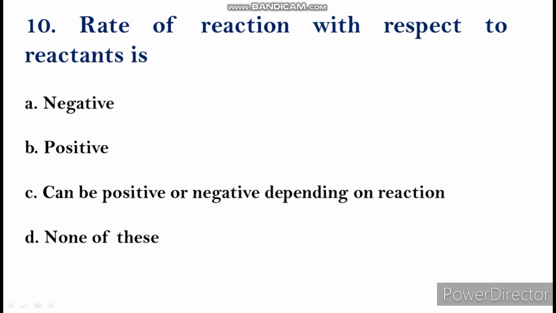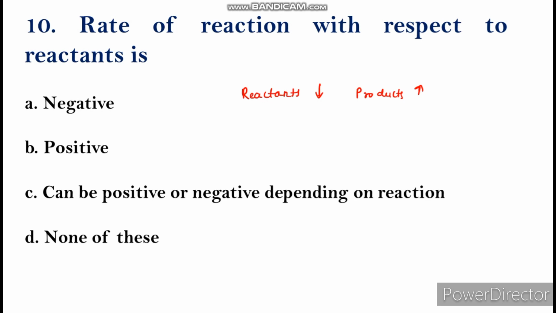The last question. Rate of reaction with respect to reactants is: option A, negative; option B, positive; option C, can be positive or negative depending on the reaction; option D, none of these. See, as the reaction proceeds, the concentration of reactants decreases because they are being consumed and the products are formed.